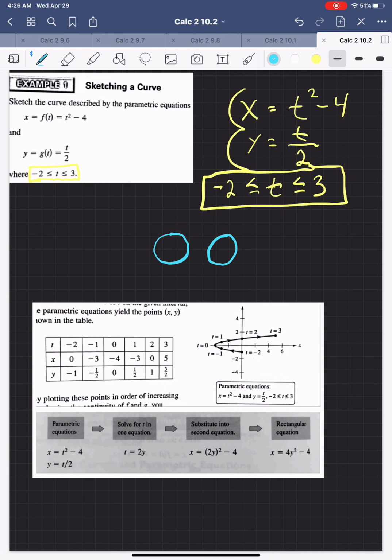If you have to, you can rewind it. The first circle I traced moving this way, and the second circle, at least I think I did, I traced moving this way. So one was going clockwise, the other was going counterclockwise.